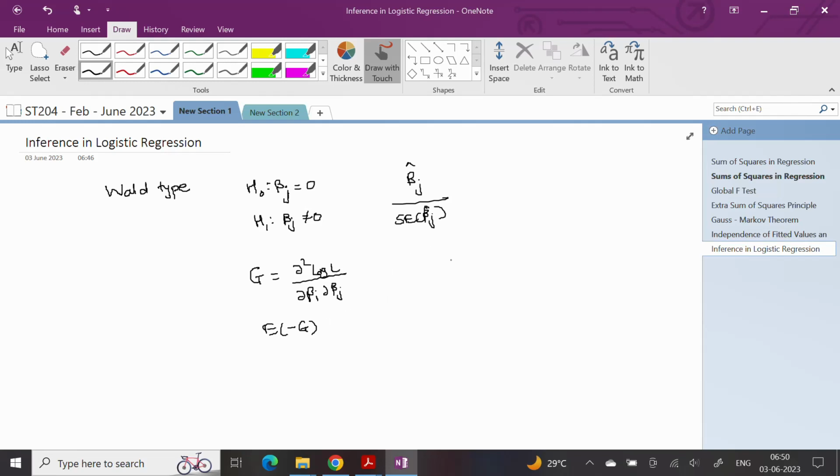So for testing beta j hat, we can take sigma beta hat as minus G, where you substitute beta hat in place of beta.